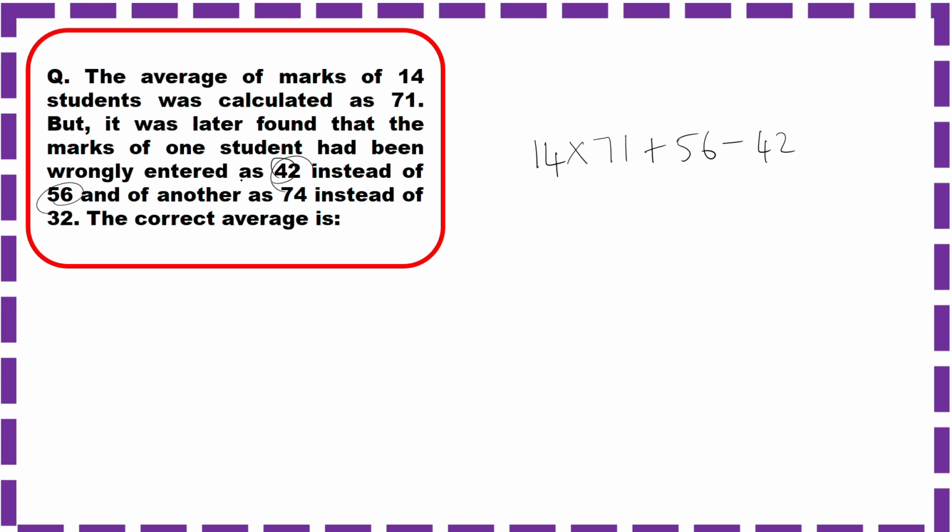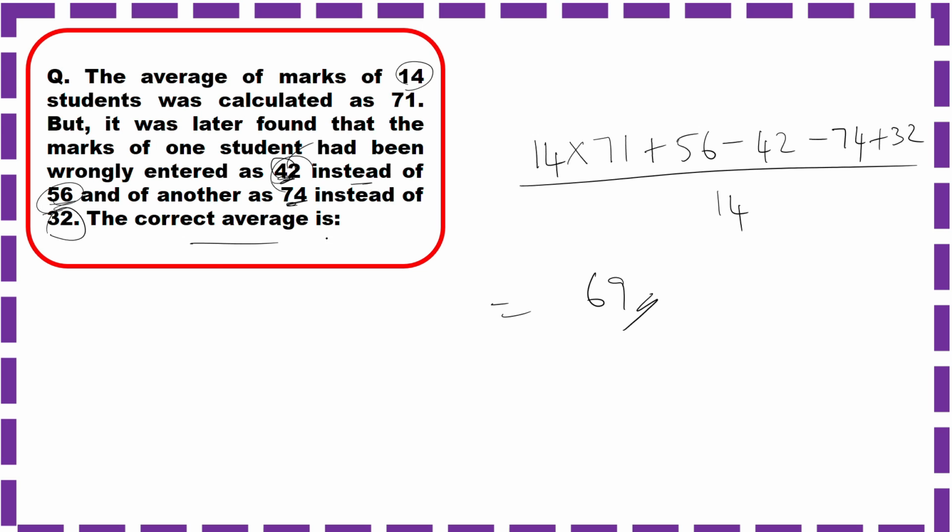So 42 is erroneous, it was calculated instead of 56, so 56 was the original mark, so add 56 and remove 42 from this total marks. Now 74 is erroneous, so minus 74, and what was to be calculated is 32, so include 32, divided by, how many are there? 14, right? So there won't be any change in this, so 14. After calculation you will get 69 as the current average of all the 14 students.